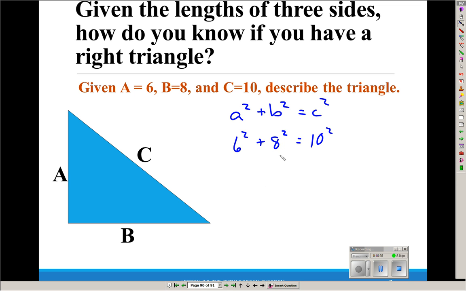6 squared plus 8 squared is 100. 10 squared is 100. These are equal, so it works. This is a right triangle. If they ended up not being equal, then it's not a right triangle.